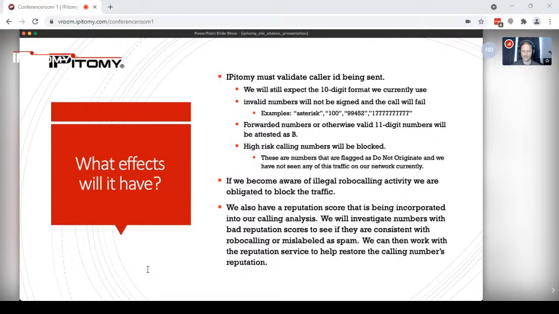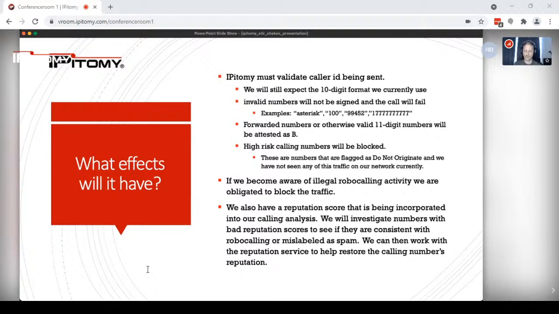We have another thing that's going on with our calling, and we haven't made this available to our customers yet, and we're trying to figure out how exactly we're going to make this available. But we basically have a reputation score that's based on spam services, where if you subscribe to a spam service and you report a number as spam.